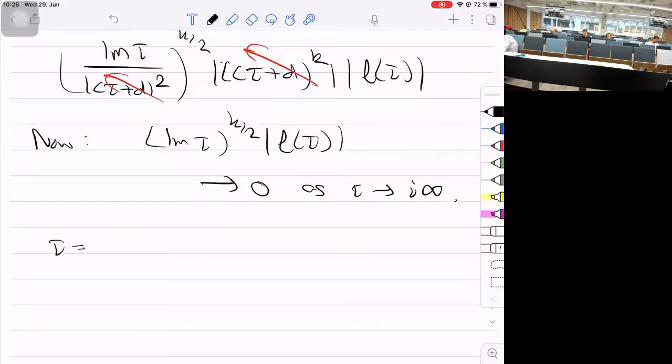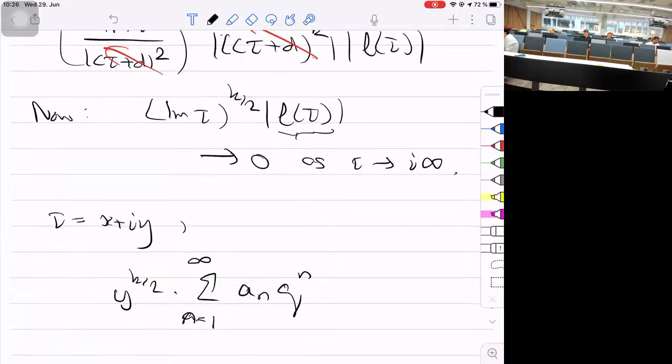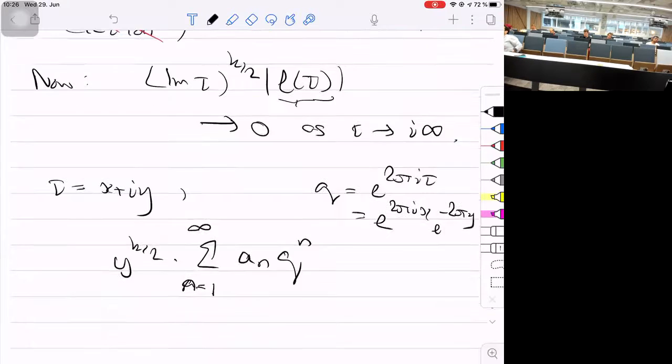So if I write tau equals x plus iy, then look at the q-series for f. We are looking at the behavior of y to the k over 2 times the sum from n equals 1 to infinity of coefficients a_n q to the n, where q is equal to e to the 2 pi i tau, which is e to the 2 pi i x times e to the minus 2 pi y.